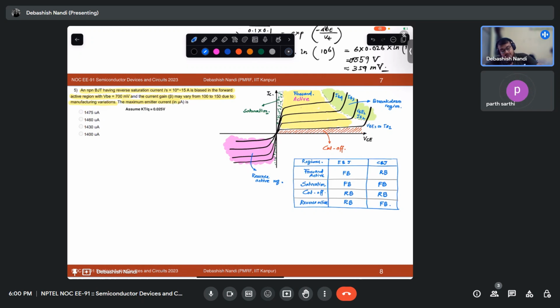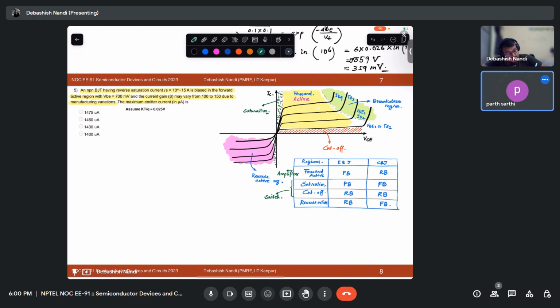So can you tell me what are the applications of these regions? First, these act as digital and this is an analog circuit amplifier. See, first is amplifier, right? Yes, sir. And second is switch applications.